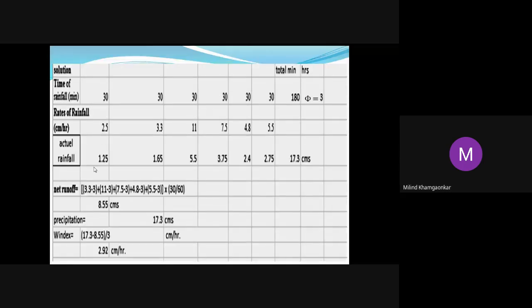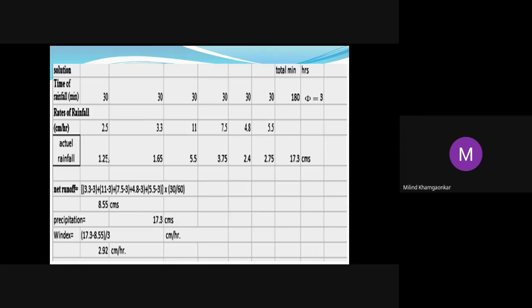As you might have seen here, this much is the given data, the top two rows. This is the phi value, and now I have found out the actual rainfall for this duration of 30 minutes. It is exactly half of 60 minutes, which constitutes an hour, so the rainfall is also 50% of that.